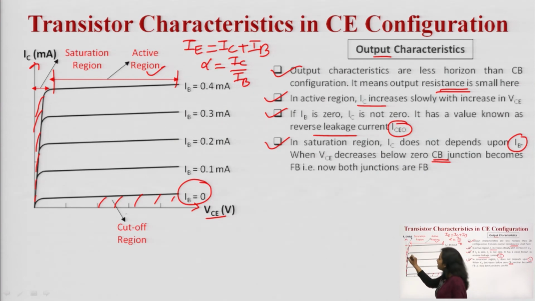So this is that particular region where both the junctions are in forward bias. This is about the output characteristic curve for the common emitter configuration.